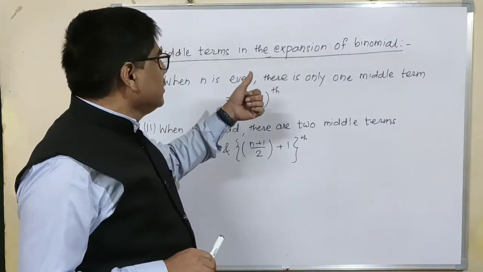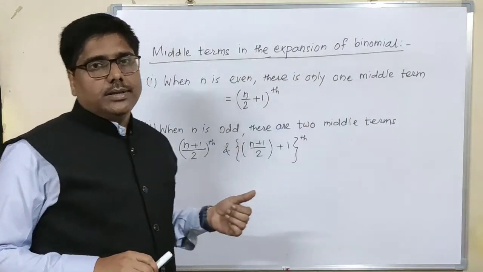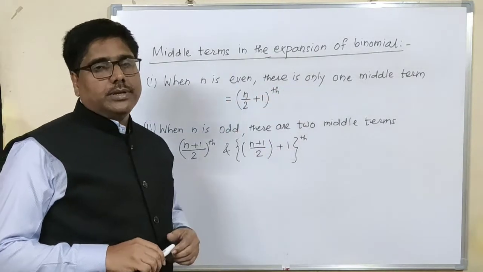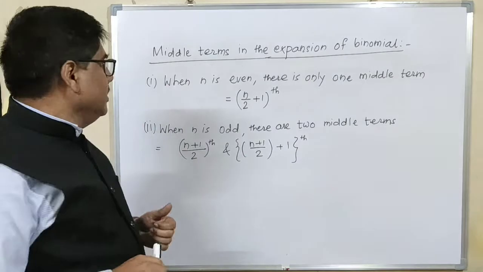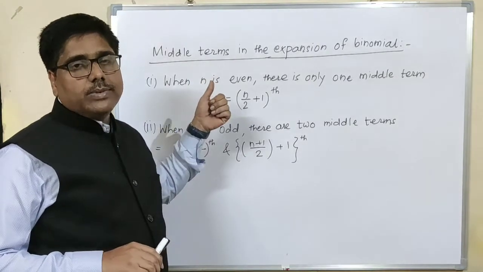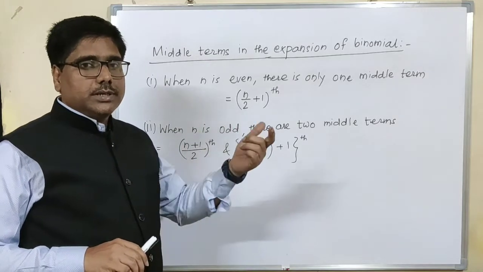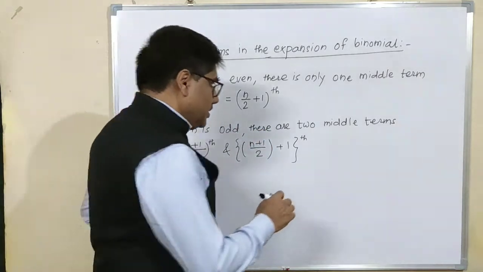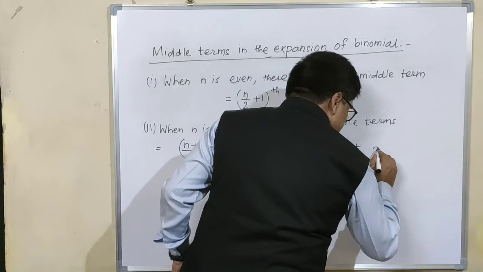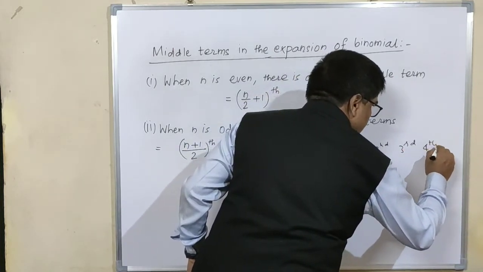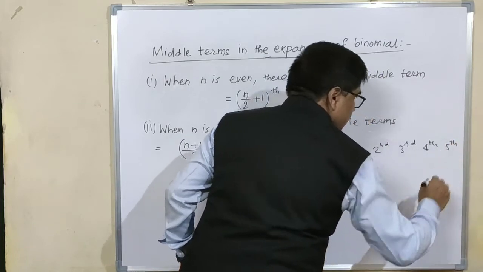Now middle terms in the expansion of binomial. Case 1 is when n is even, there is only one middle term. The reason is, for example, if the index of the binomial expansion n is 4, then its expansion will have 5 terms. There is first term, second, third, fourth, and the last term is fifth.